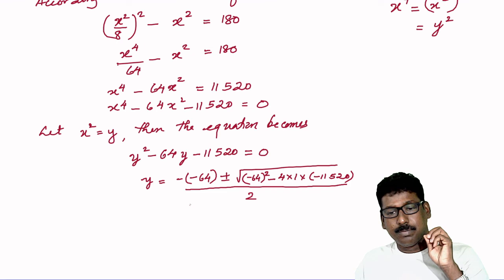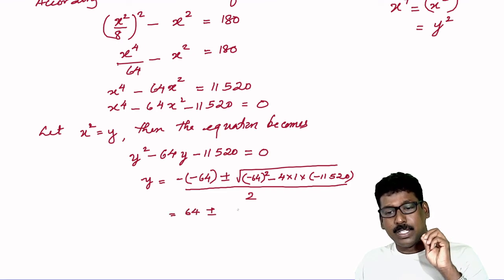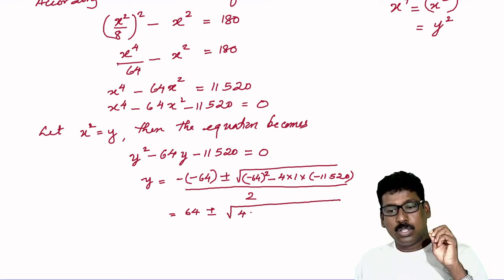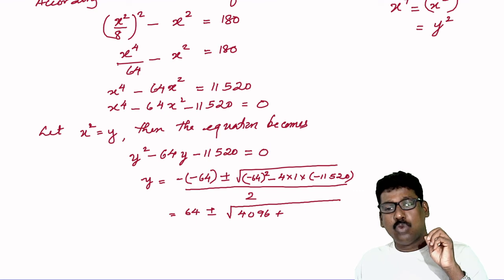That is 64 plus or minus square root of 64 square, 4096 you will get. Now minus of minus will be plus, 4 into 1 into 11,520 you will get as 46,080.